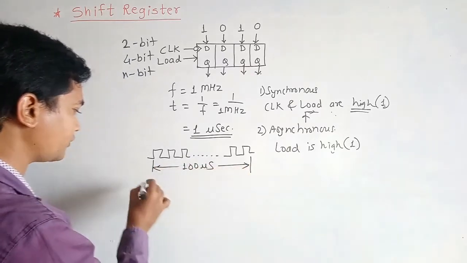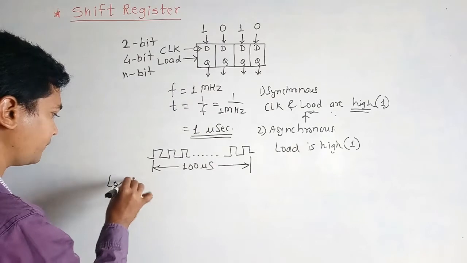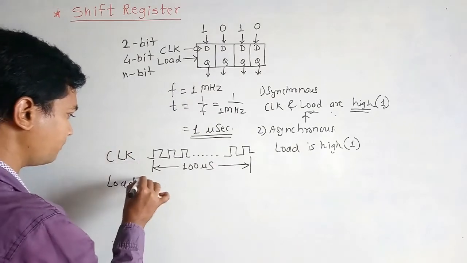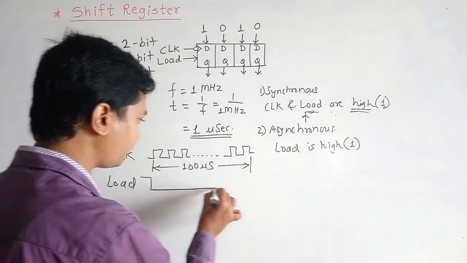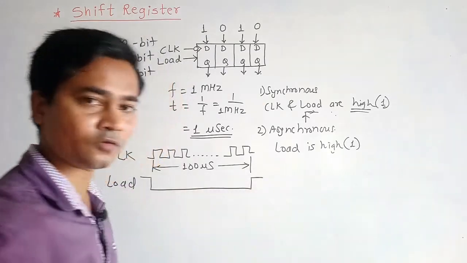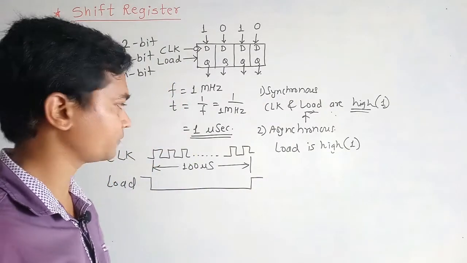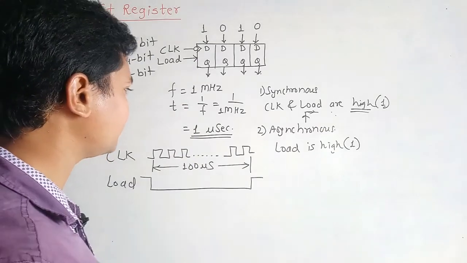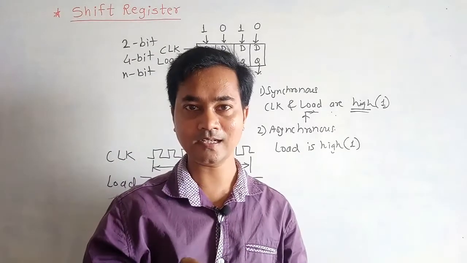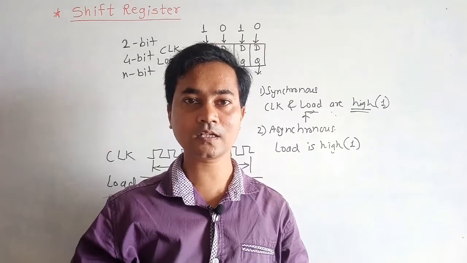Then what should I do? I should simply make the load signal low for 100 microseconds. Okay, so this is how we can control the outputs of the flip-flops. And the third control of the shift register is what? Clear signal.